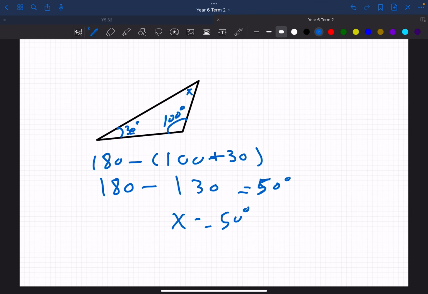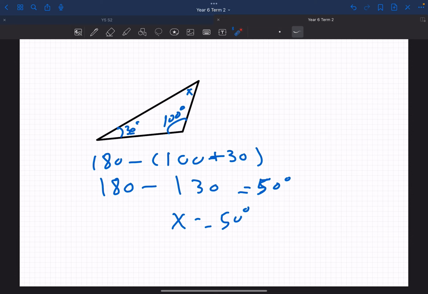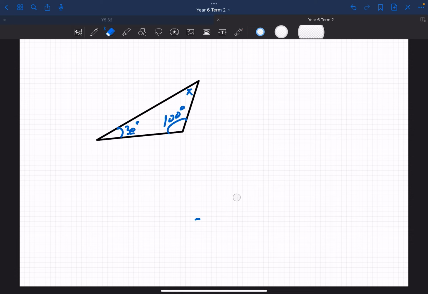But this is what we took earlier, in the past. But what do we call these angles inside? Internal angles. But if we have an external angle, the same example, but this time I have an external angle.